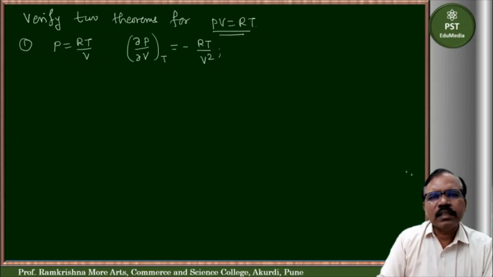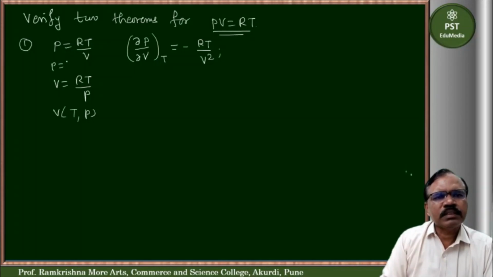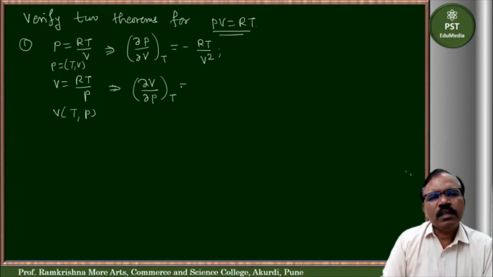Now I can write V is equal to RT upon P also. So here we can take ∂V/∂P at constant T, now the derivative is with respect to P, so we get minus RT upon P square.